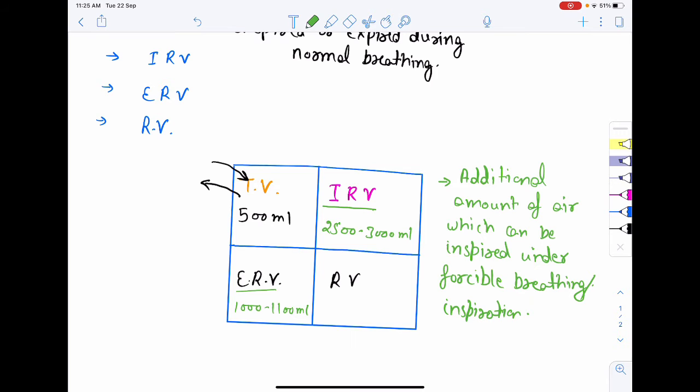And the next one is residual volume. Residual volume is the amount of air which remains inside the lungs after forcible expiration. After you remove ERV, residual volume will stay inside your lungs. So the value is 1100 to 1200 ml. So these are your respiratory volumes.